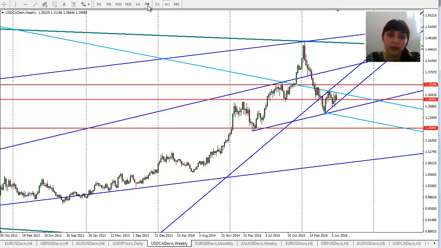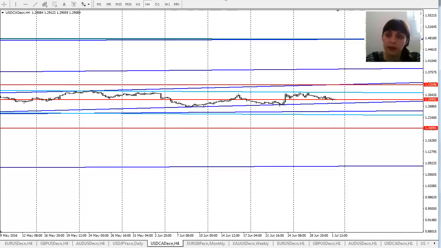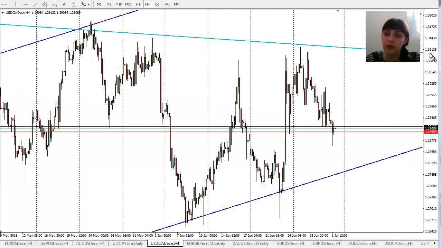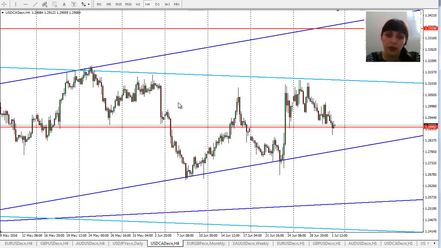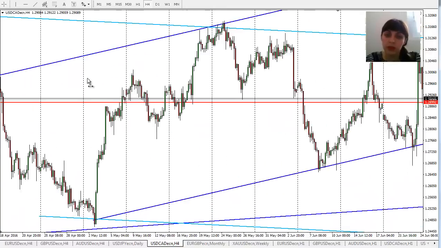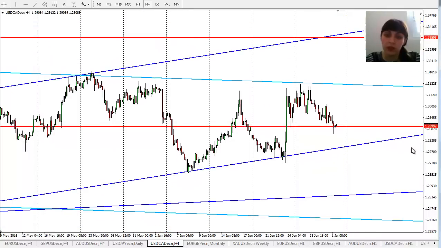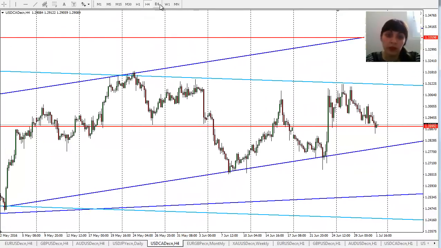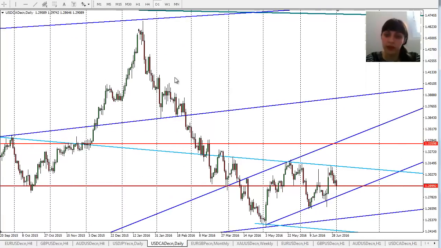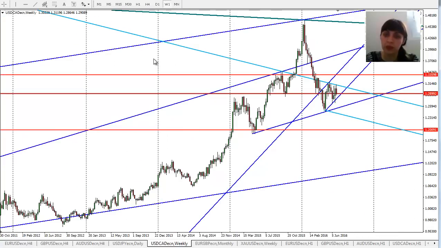But I'm saying, because of all of this, what happened with all of this news, anything can happen now, it could go in any direction. So at this moment, I think I probably just leave it as it is. I know it's quite a lot of levels, and I'm trying to keep the picture as clear as possible, but that's how it is at this moment.